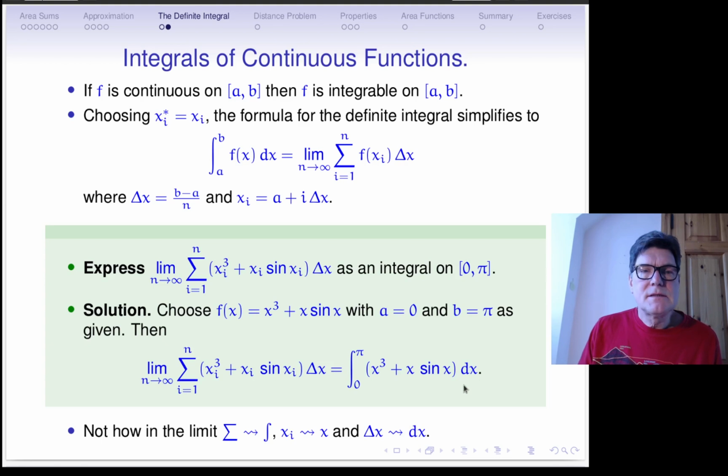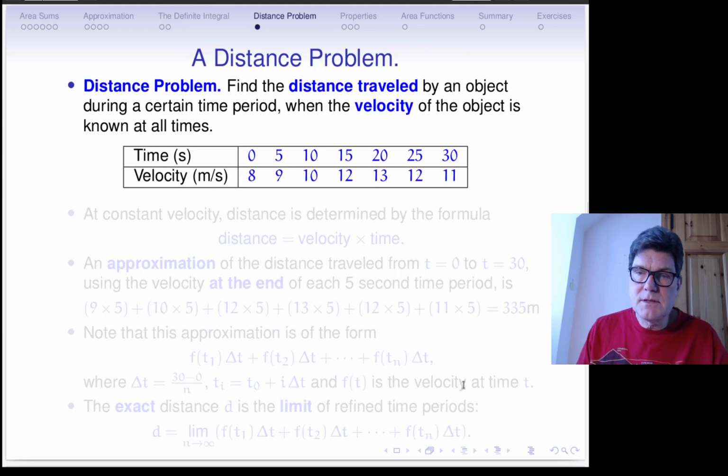We've motivated the definite integral with the area problem. I want to look briefly at a different problem which leads to the same kind of sums or limits of sums, and so it presents a different kind of problem which can equally well be solved, or to begin with described, by definite integrals.